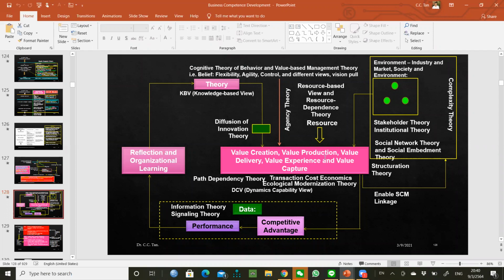Routinization is a competitive strategy. Strategy as practice is a huge discipline in strategic management, so this can be treated as strategy as practice, which is a competitive strategy.